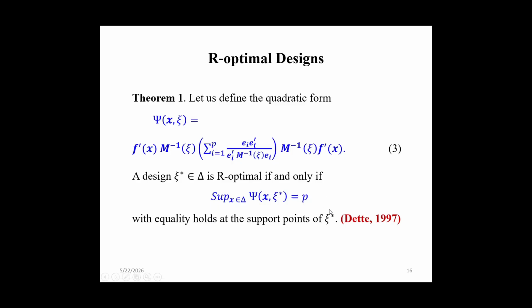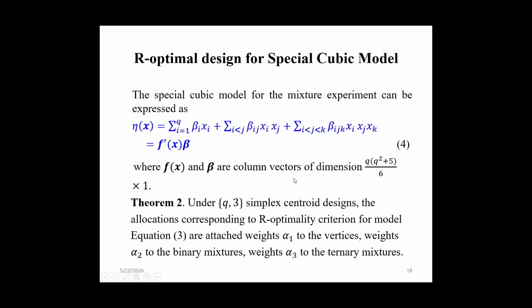So what is the main result? You can see that this is the special cubic model, where there is a linear part, this is the quadratic part, and this is the cubic part. If the mixture contains q number of components, it contains exactly q(q square plus 5) divided by 6 parameters.